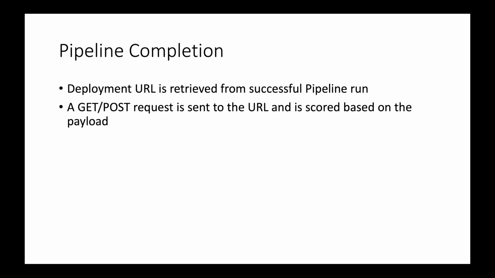So when the pipeline is done running, you get a URL, a deployment URL from it, and you can retrieve that from the dashboard. And once you have that URL, you submit a GET or a POST request to it, and it is scored based on the payload of your GET or POST request.